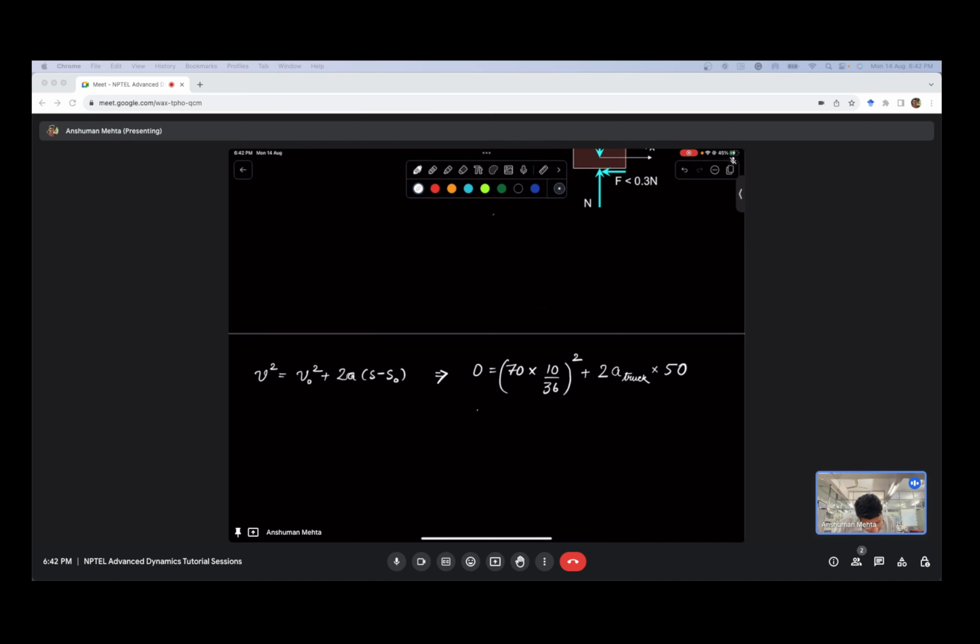So this will give us the deceleration of the truck, since it's negative, minus 3.781 meter per second square.